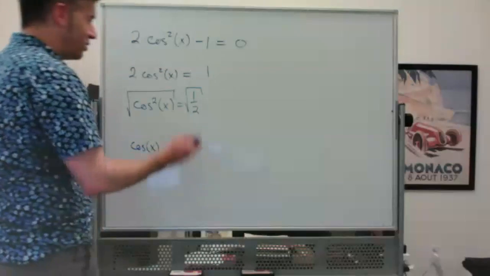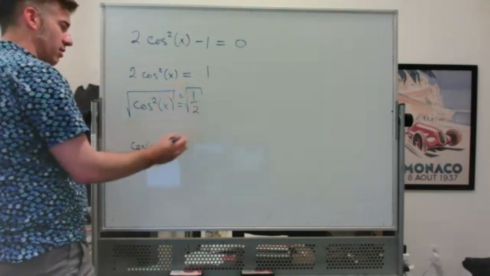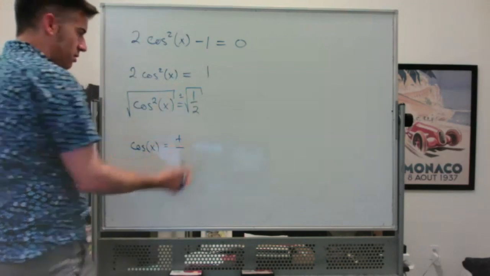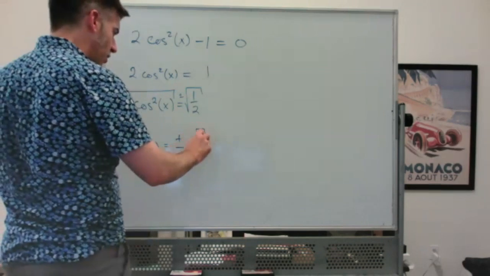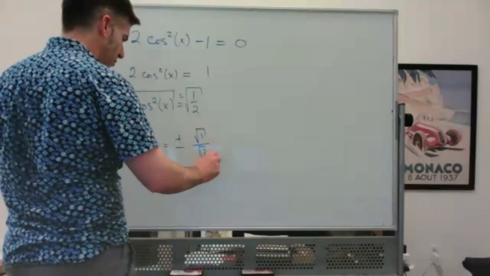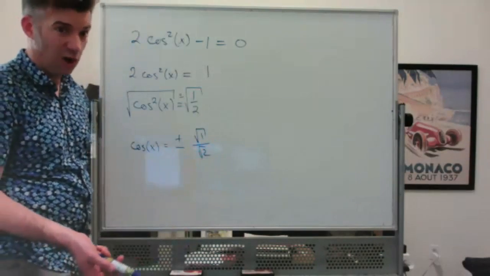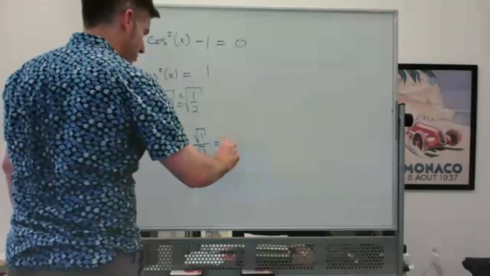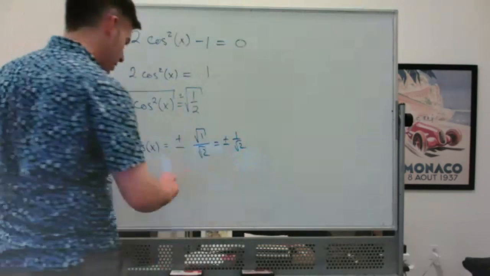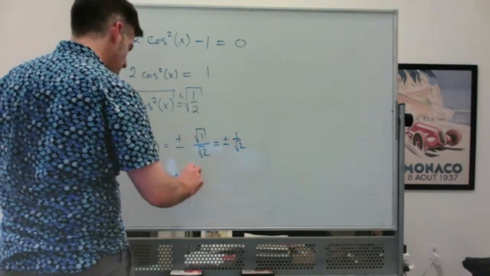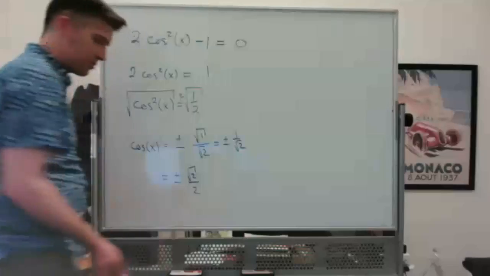And now I actually should put on a plus or minus here. And the square root of 1 over 2 is the square root of 1 over the square root of 2. But the square root of 1 is just 1. And 1 over root 2 is really the square root of 2 over 2.